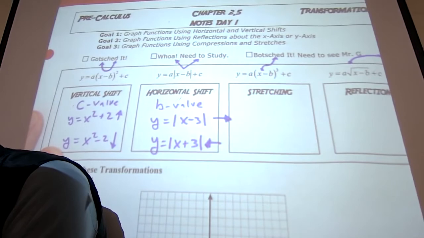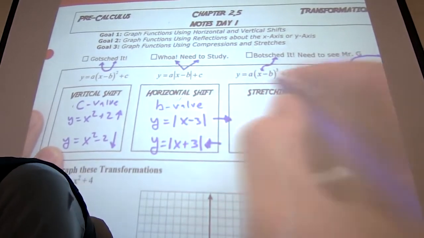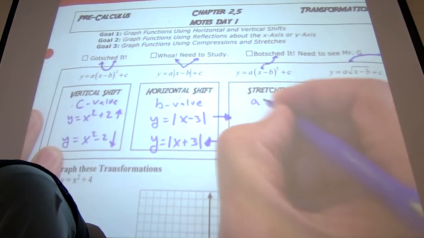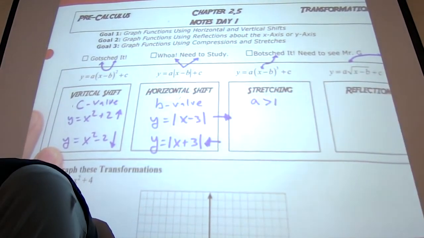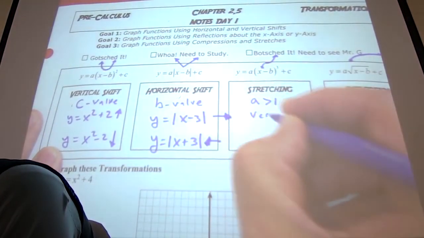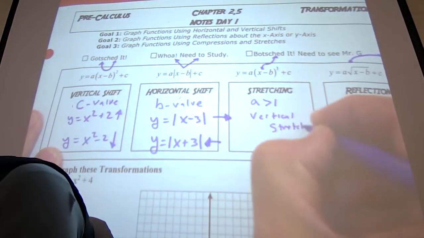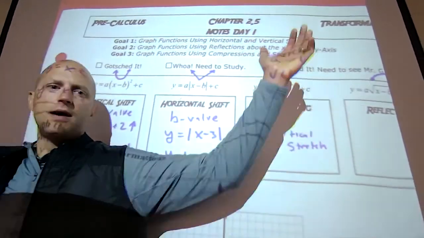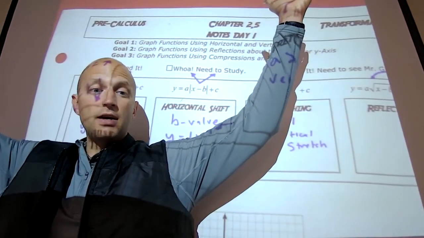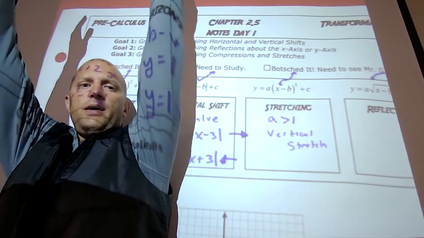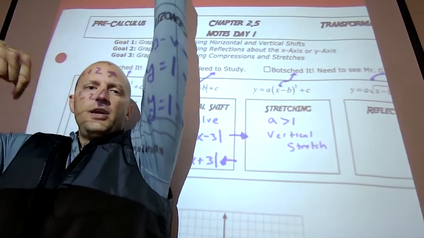Okay. The next thing is the vertical stretching. If I have the a value, the number in front, if that's greater than 1, then that's going to be a vertical stretch. Okay, so what happens is you take a parabola, and if your a value is 2 or 4 or 6, it's going to get stretched up, and now it's going to look thinner.